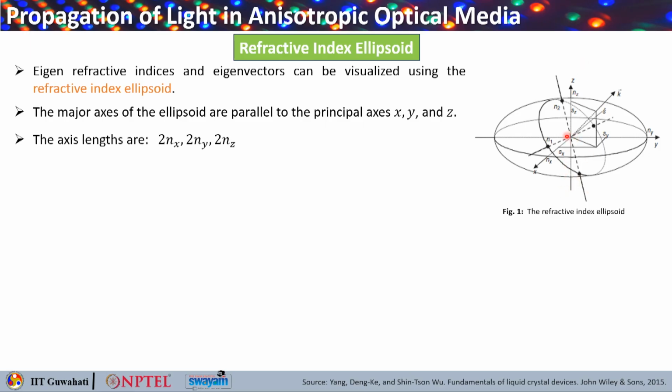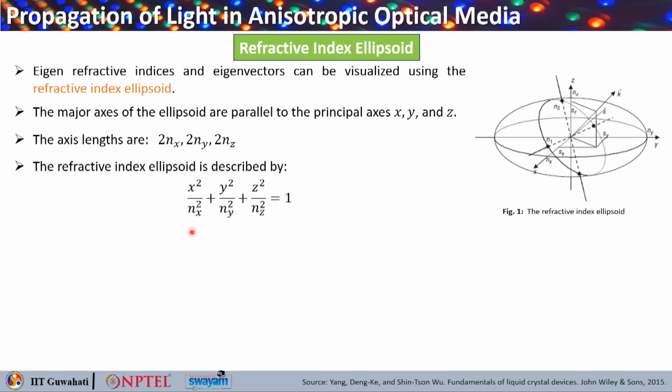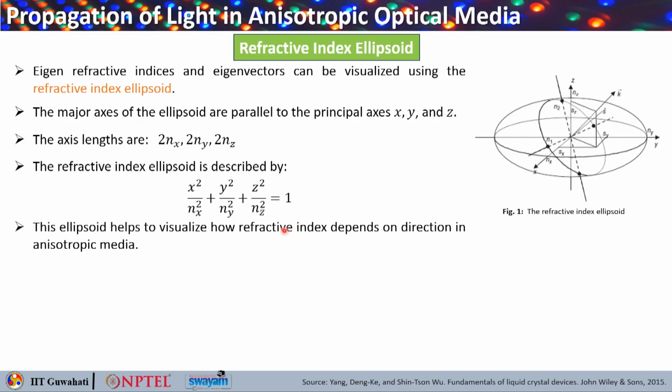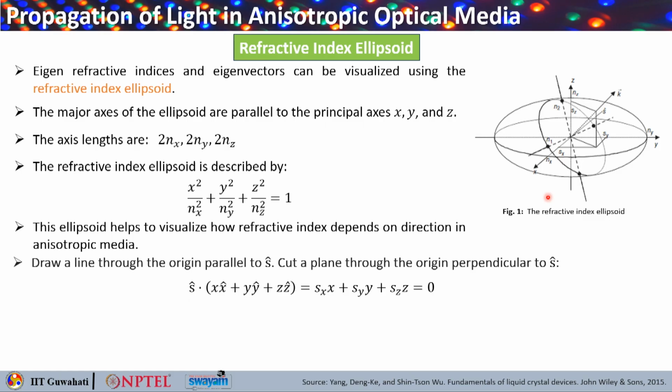The axis lengths are typically 2nx, 2ny and 2nz. So, you can write the refractive index ellipsoid equation as x square divided by nx square plus y square divided by ny square plus z square divided by nz square equals 1. This ellipsoid allows you to visualize how the refractive index depends on direction, because in different directions you will have different refractive indices, and that is the case in an anisotropic medium.